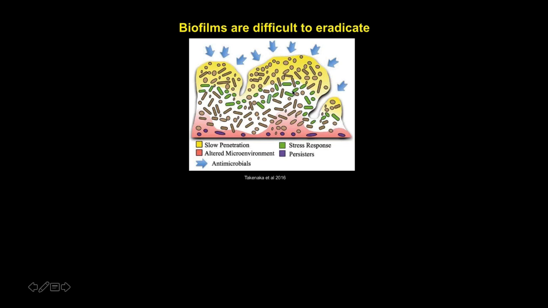As they move through, they might also induce stress responses in the cells, or these stress responses may be occurring because of these microenvironments. And one of those that's been documented quite well is the progression into persisters or dormant cells, which have a different physiology to the rest of the bacteria in the biofilm.